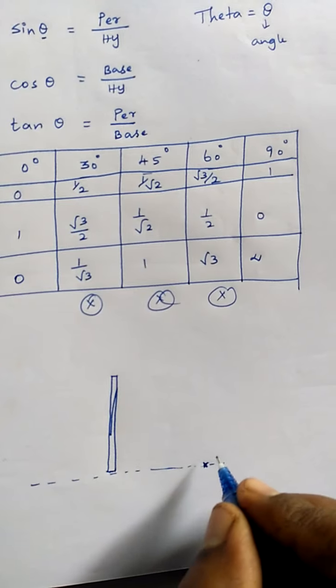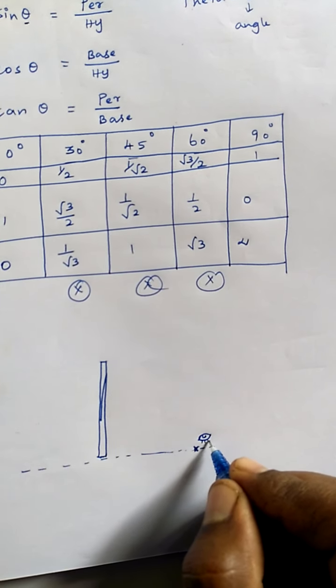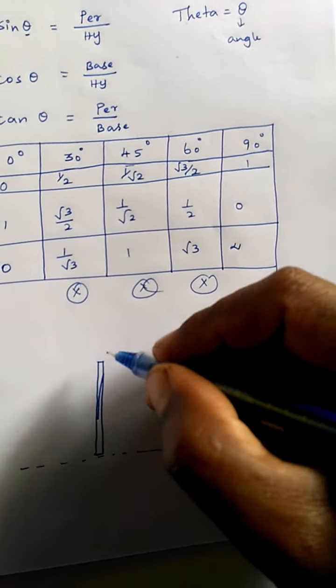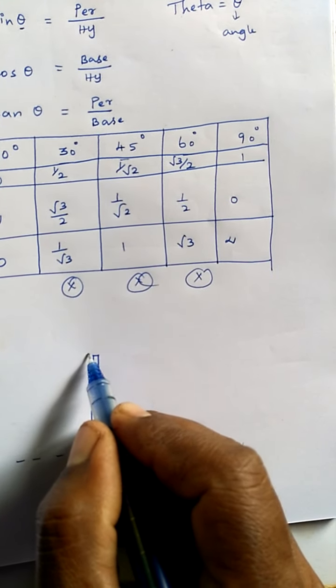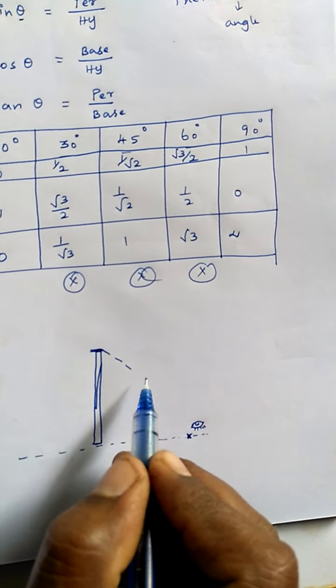Let's consider just the eye here, looking from here to the top of the pole, observing or watching.